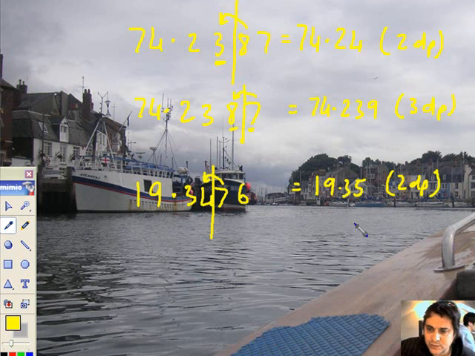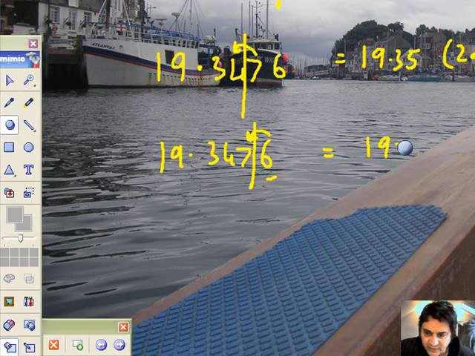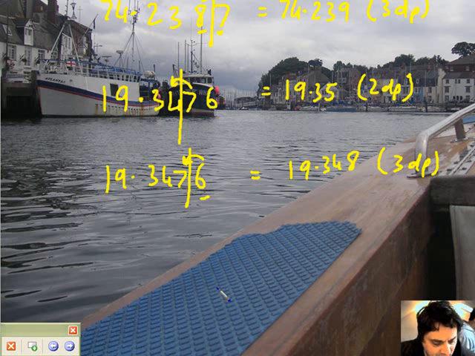And last of all, rewrite it and go for 3 decimal places. So 1, 2, 3. Look at what the 6 would do to the 7. The 4th place to the 3rd place, it will push it up. That's 5 or more. So we have 19.348, and that's to 3 decimal place accuracy.